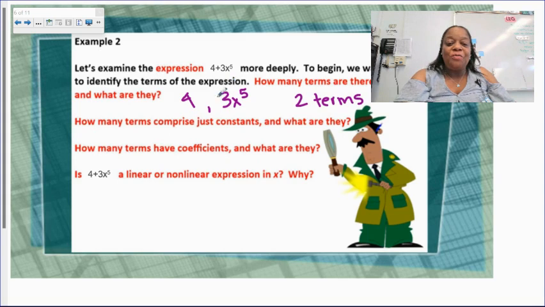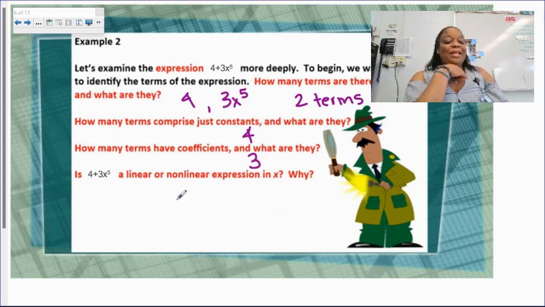There's only one term that has the constant. Remember, the constant is that number that does not have x associated with it, so it stays the same. So 4 would be my constant, okay? For my coefficient, there's one coefficient, that number in front of x, so 3 would be my coefficient. And then they want to know if this is linear or nonlinear. This will definitely be nonlinear because that power is raised to the fifth power.